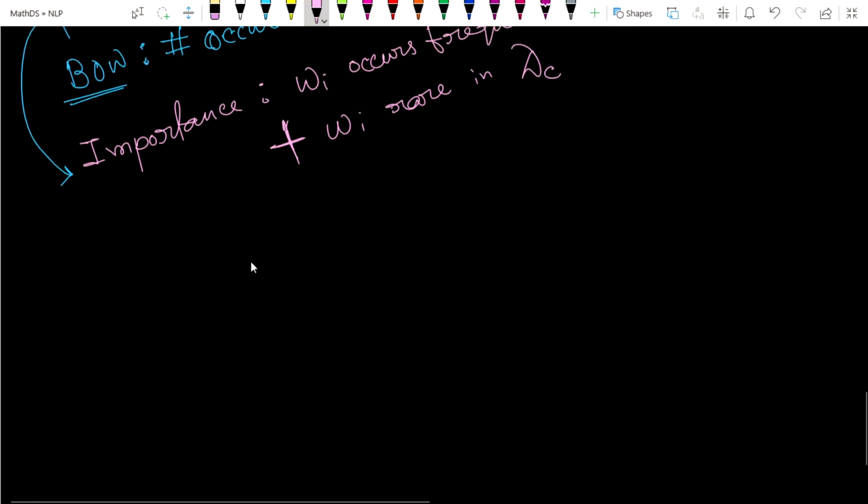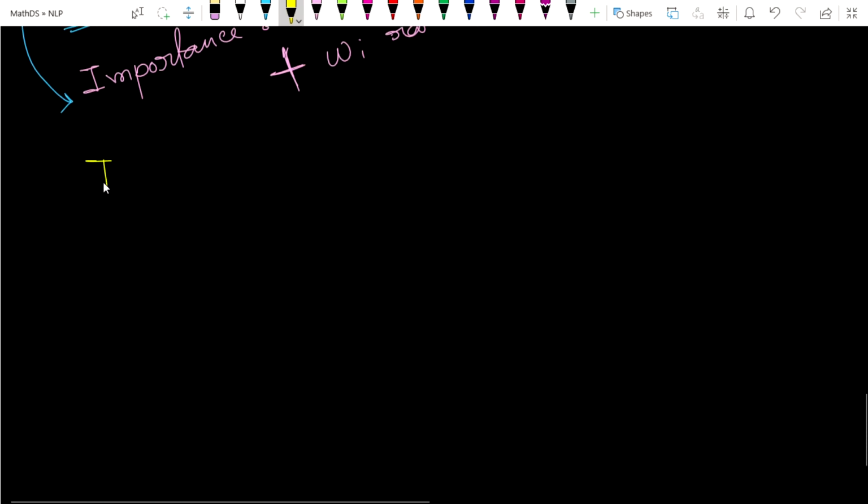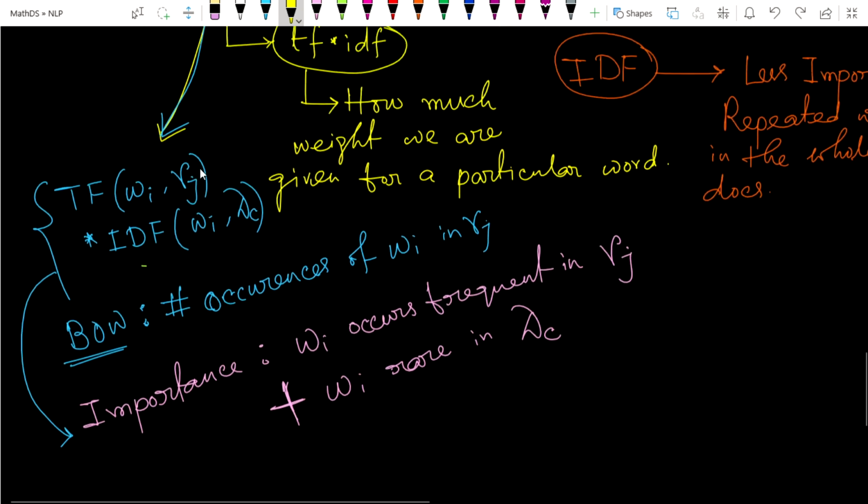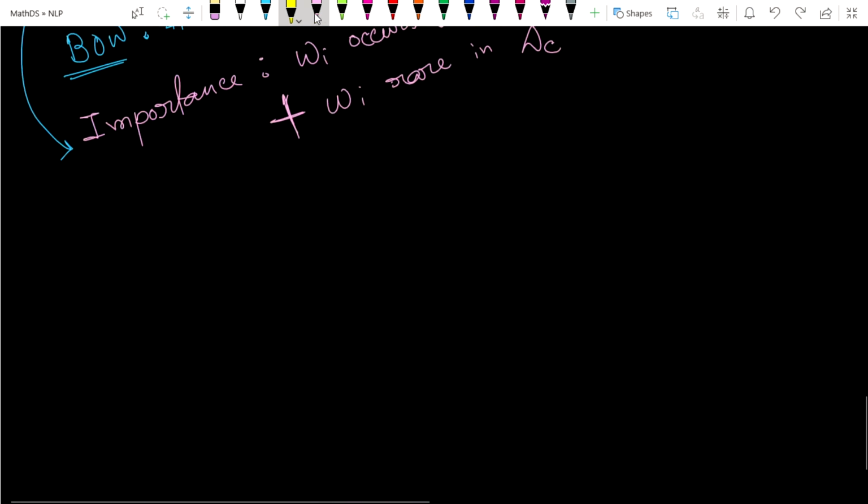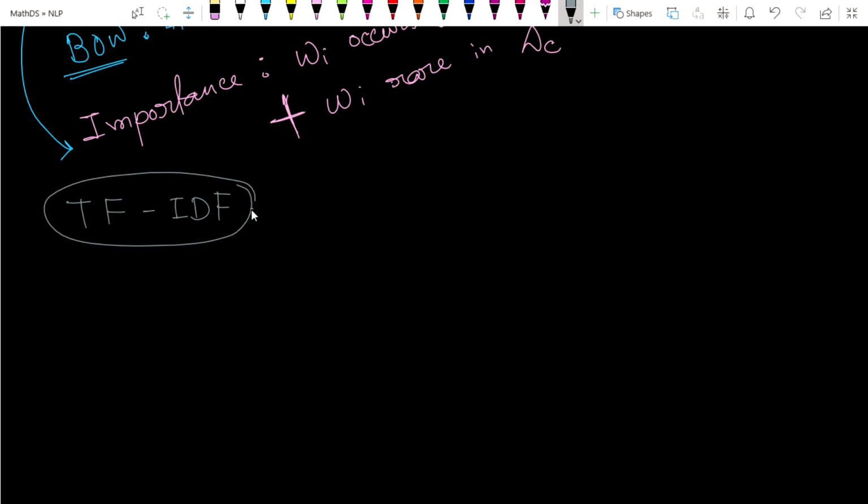To conclude this lecture, TF-IDF helps us by giving more importance to a word in my data corpus if the word is more frequent in a single document.